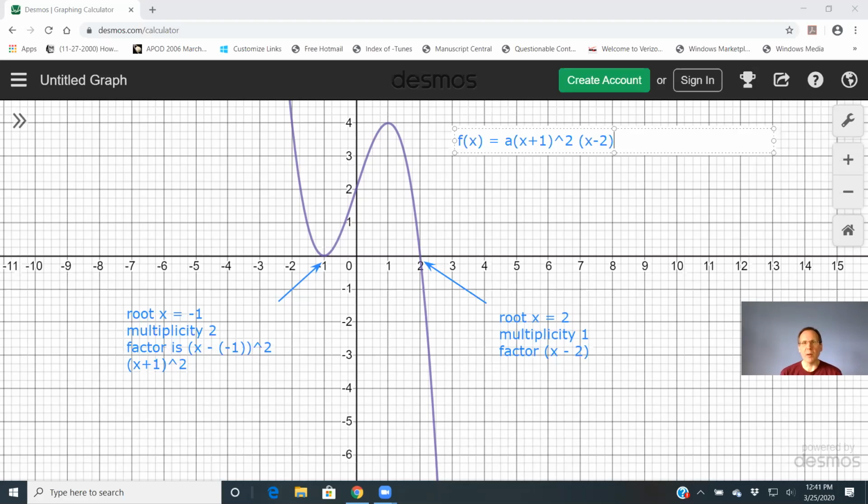Okay, so how do I figure out the a? Well, I can just plug in any point that I want to plug in, but you can't use one of these horizontal intercepts, right? You can't use the roots, because if you plug in a root here, like if I plug in -1, that means it's going to make the whole thing 0, and it's just going to say 0 equals 0, which is true, but it's not going to help us find a. So you want to use some other point that lies on the graph of this polynomial.